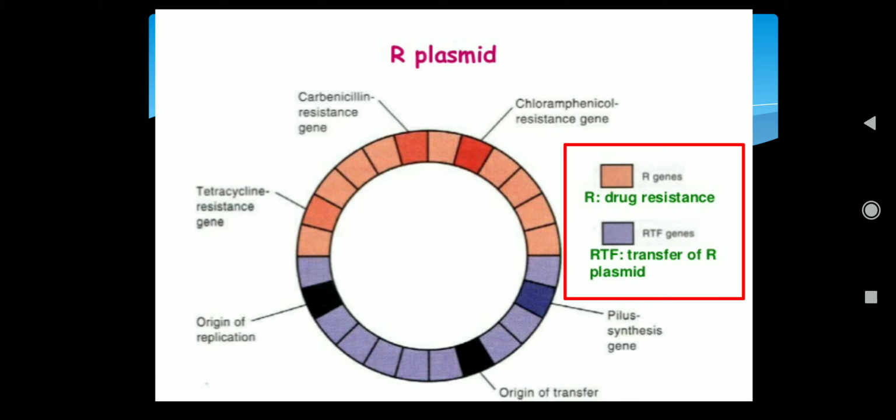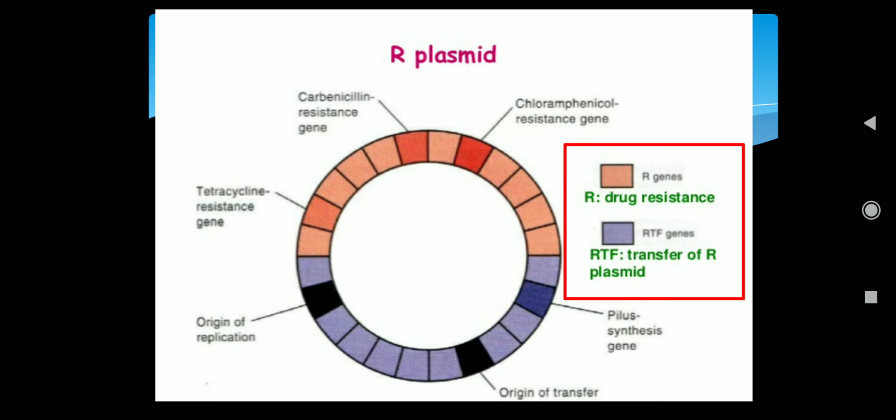The R determinant is the major segment that carries the drug resistance. The RTF is the resistance transfer factor, responsible for the transfer of the R plasmid. It transfers genes, or plasmids, from one bacterial species to another.